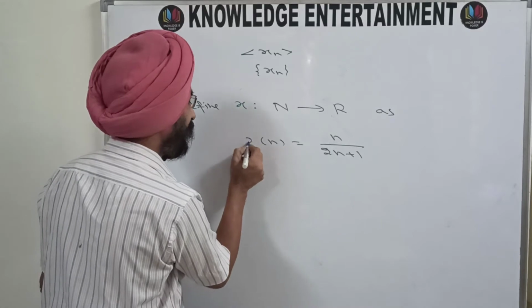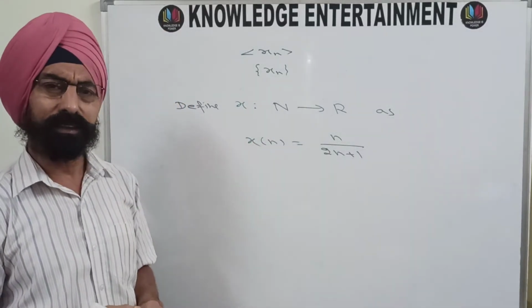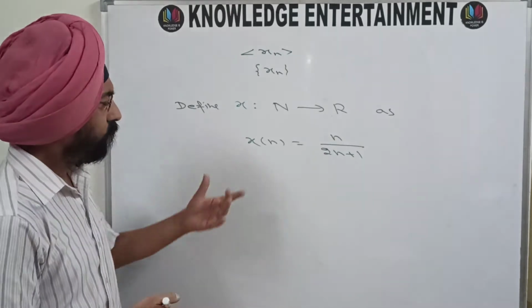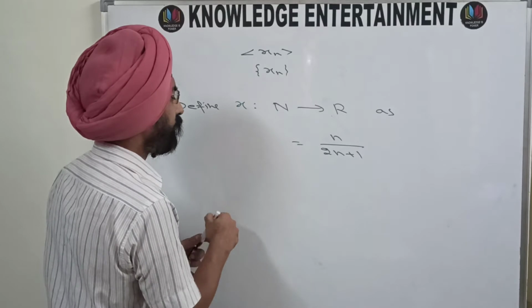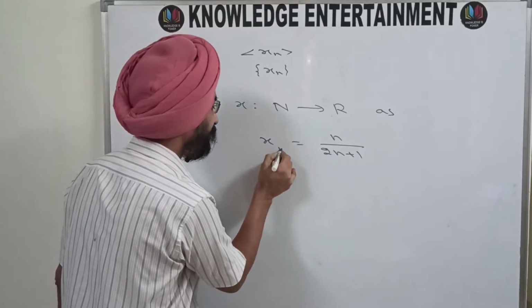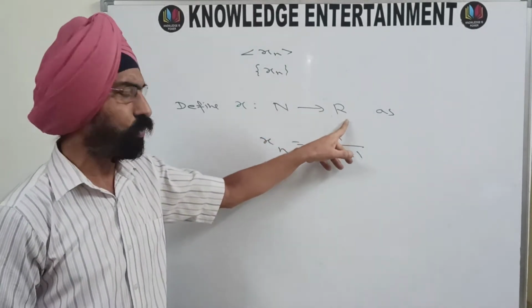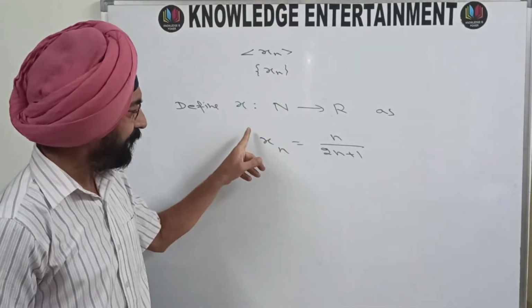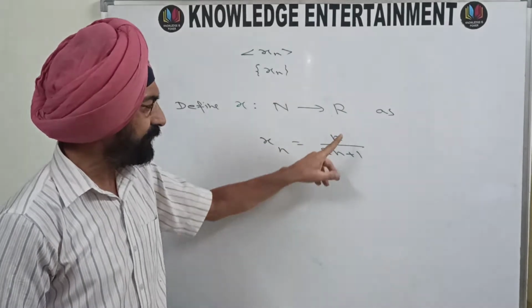You will have x of n. So x of n is also a notation. If I write this x of n, we change this notation to xn. X is a function from natural numbers to the set of real numbers, such that x of n, xn, is n upon n plus 1.